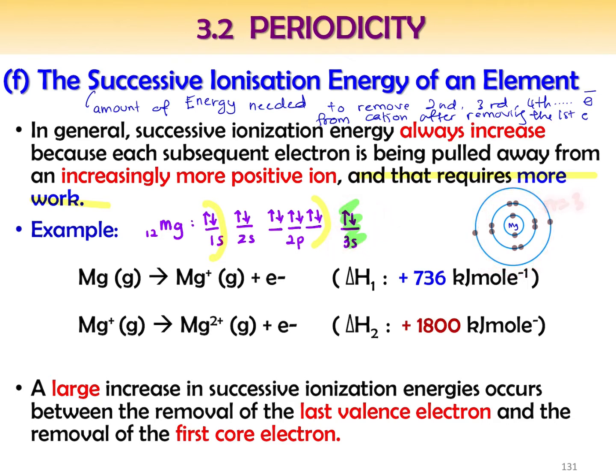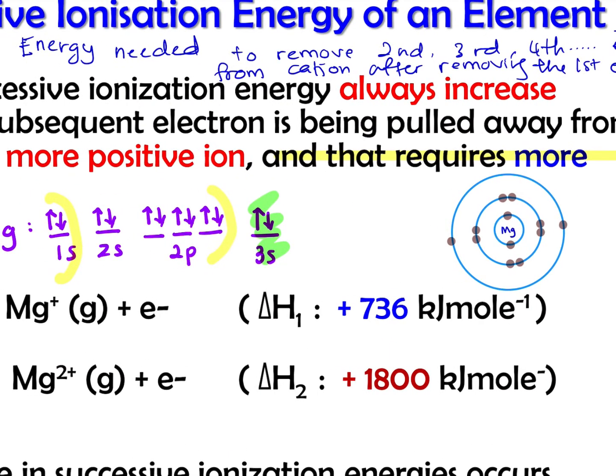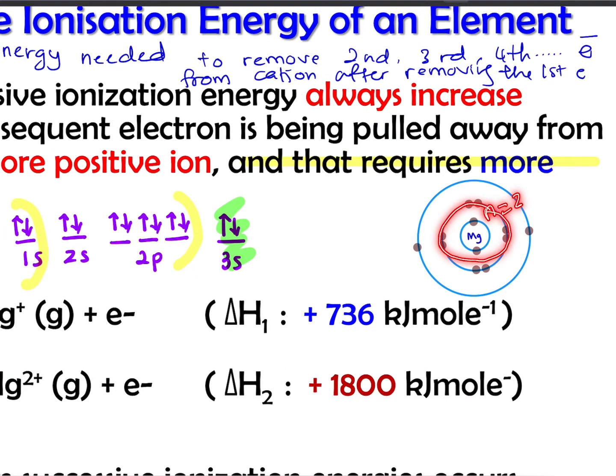And you can see here you have 2, 4, 6, 8 electron berada di n equals to 2 bahagian tengah ni. And you have 2 electrons at n equals to 1 bahagian dalam.